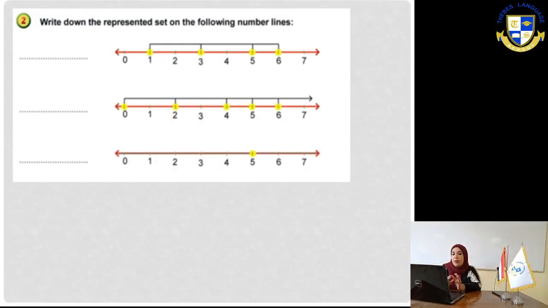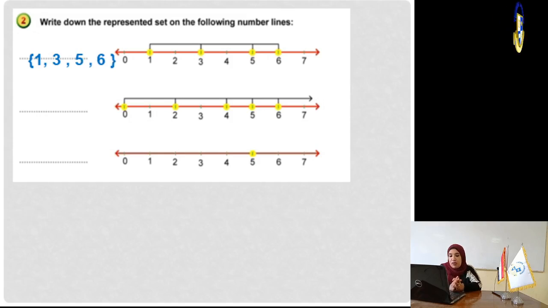Write down the set represented on the following number lines. Okay, here on the number line you can see 1, 3, 5, and 6. So it will be the set of 1, 3, 5, and 6. Okay, here there is an arrow. It's an infinite set.